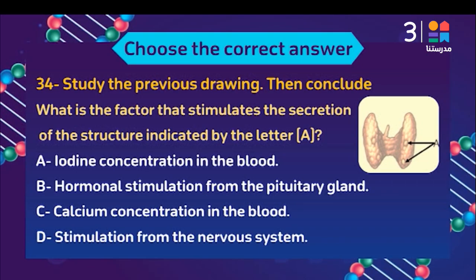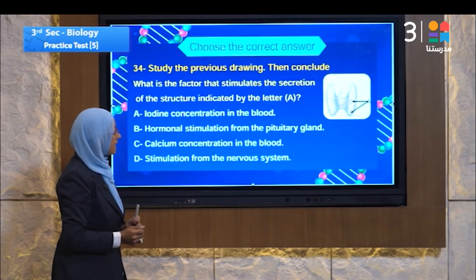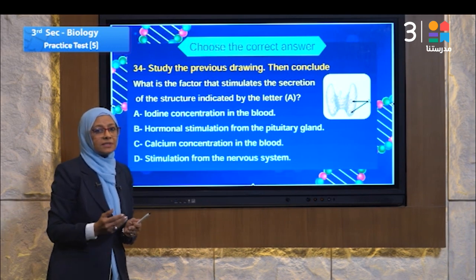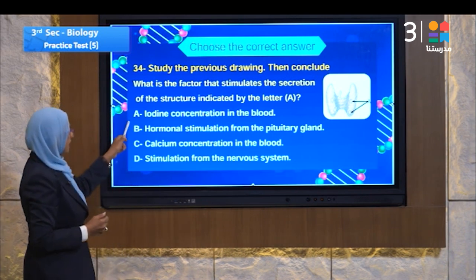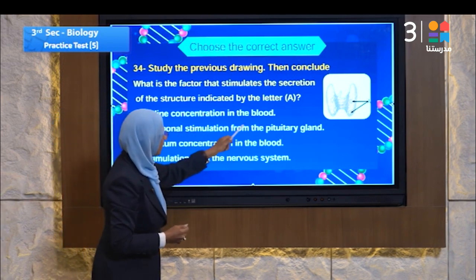Study the previous drawing, then conclude. What is the factor that stimulates the secretion of the structure indicated by the letter A? What are the factors that stimulate the secretion of the parathyroid gland? A, iodine concentration in the blood.